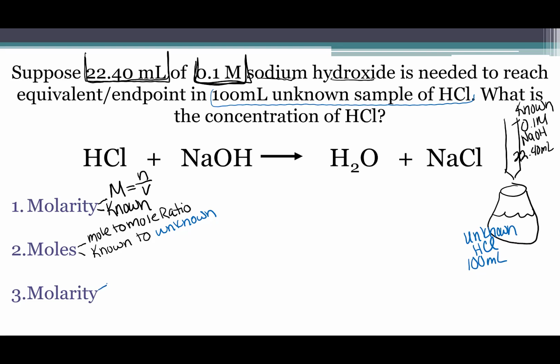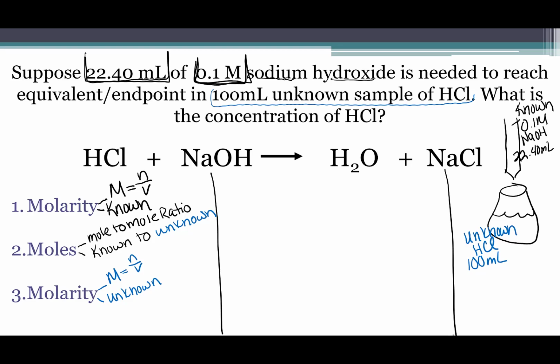And then in the last step, molarity. So that word tells us that we're using this equation again. And now for molarity, we're going to be inputting the information of our unknown substance. So we'll know just enough to be able to use that equation and solve for the piece that we need to know. So that's the conceptual path through this problem. Let's go ahead and start chugging our way through it.